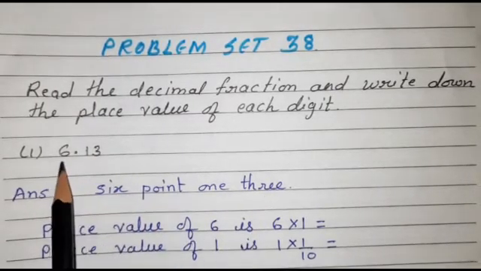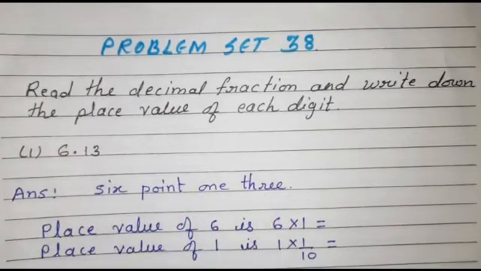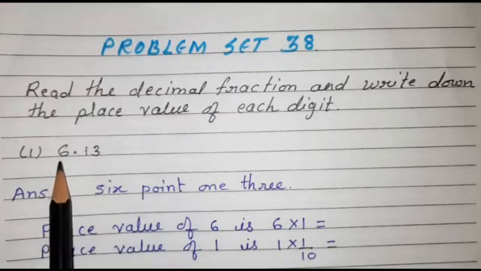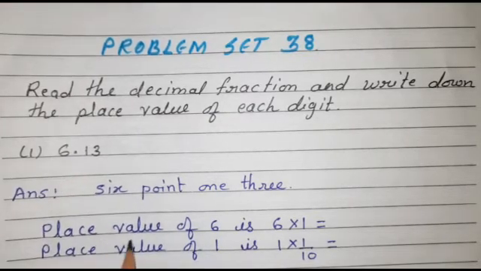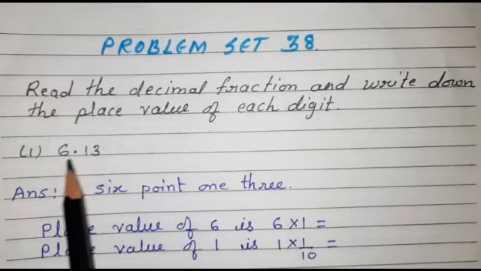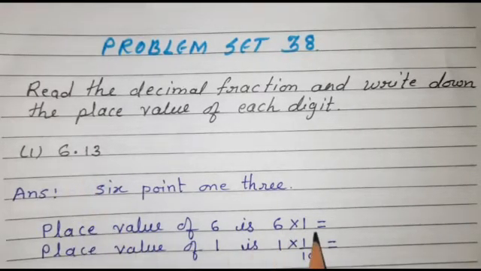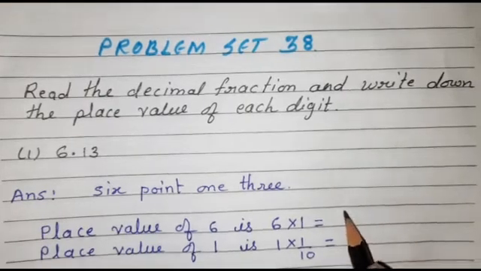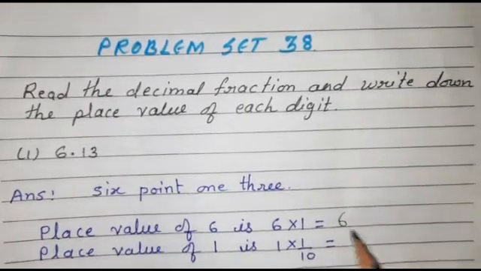6.13. So here write 6.13. Now next write the place values. First write the place value of 6. Place value of 6 is at unit place. So 6 multiplied by 1 is equal to 6. So here write 6.